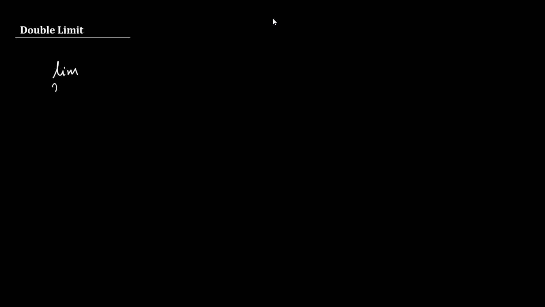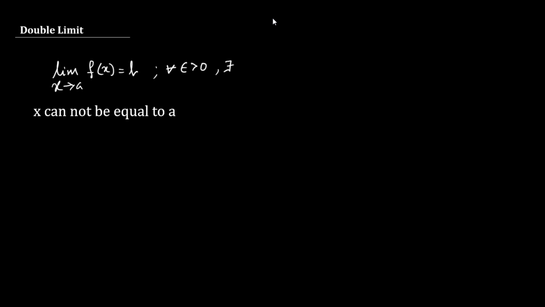Limit as x tends to a of f(x) equals L means for every epsilon greater than 0, a positive number epsilon, there exists a positive number delta such that mod of f(x) minus L is less than epsilon whenever mod of x minus a is less than delta.